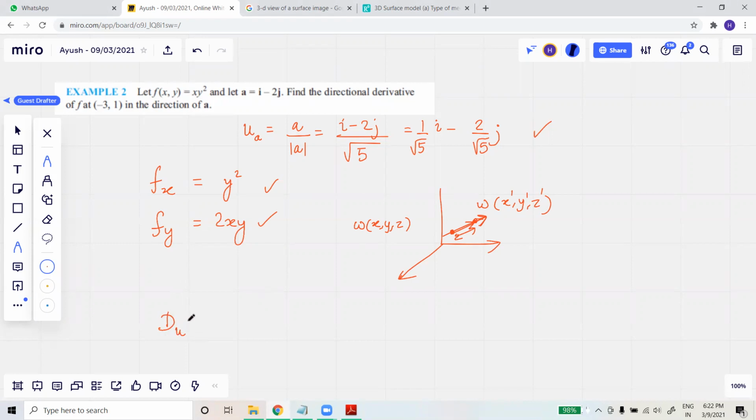We just now saw du of f, where f is a function of all three variables, in the 3D case. So du of f is simply equal to fx a1 plus fy a2 plus fz a3, where u is a1 i, a2 j, a3 k.